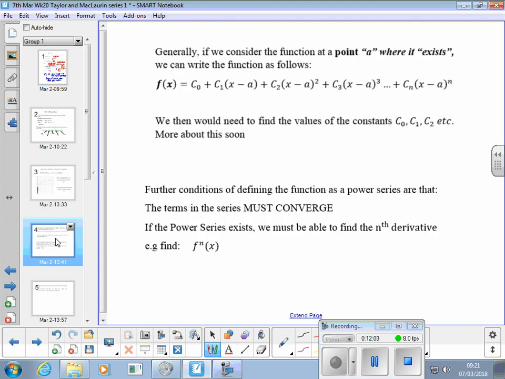Generally, if we consider the function at a point a where it exists, then we can say that function can be written as a power series where we've got a constant term, an x term, an x squared term, cubed, all the way up to the power of n term.